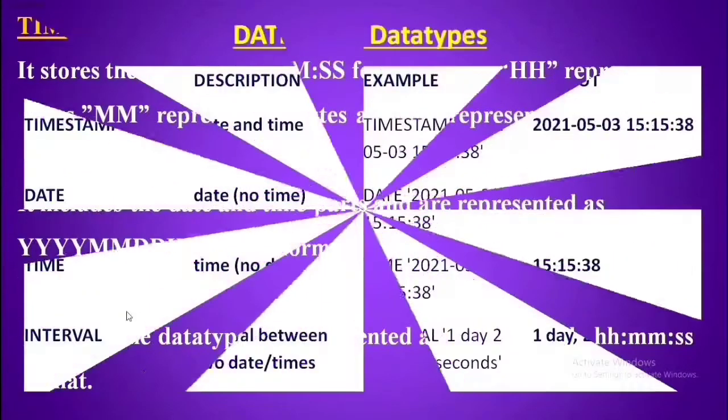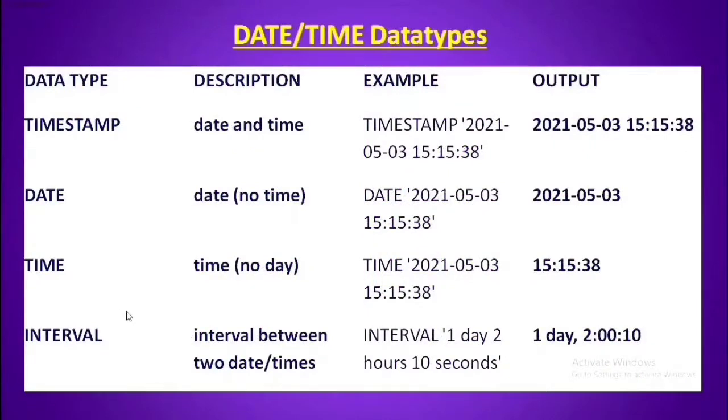Next, if you look at this table, this is the example table for date time data types. First, timestamp. Timestamp means both date and time. The description is date and time. In this example, timestamp is first year 2021, 05 is the month and 03 is the day. This is the date data type.